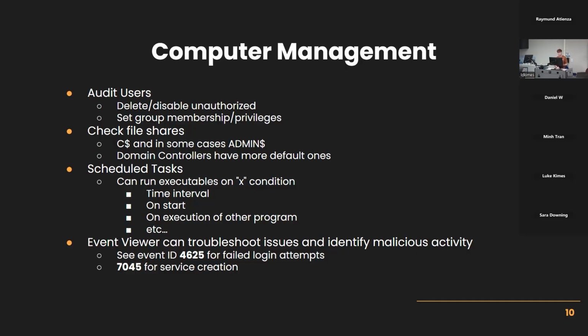And then Event Viewer is really important. It's essentially the native, built-in system logging of Windows servers. It logs a bunch of different important events that might happen on a system. For instance, if a user tries to log into an account and fails that login attempt, they give the wrong password or whatever, it will log that attempt as ID 4625 within Event Viewer.